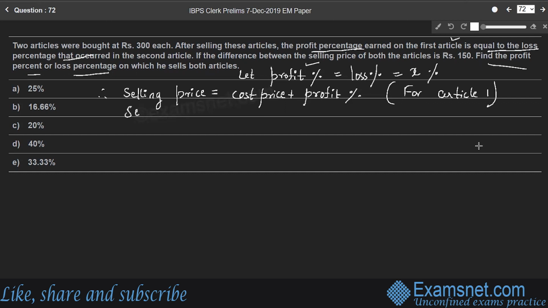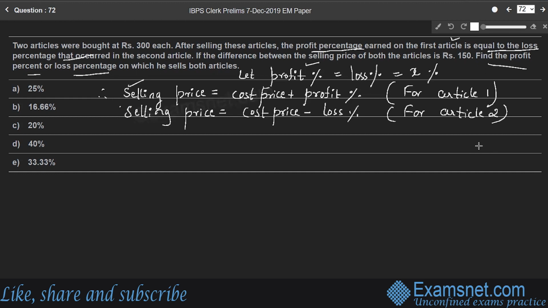Whereas selling price is equal to cost price minus loss percentage. This is for article 2, because article 2 is sold at loss, right? So let us find the selling price of article 1 and 2 separately.